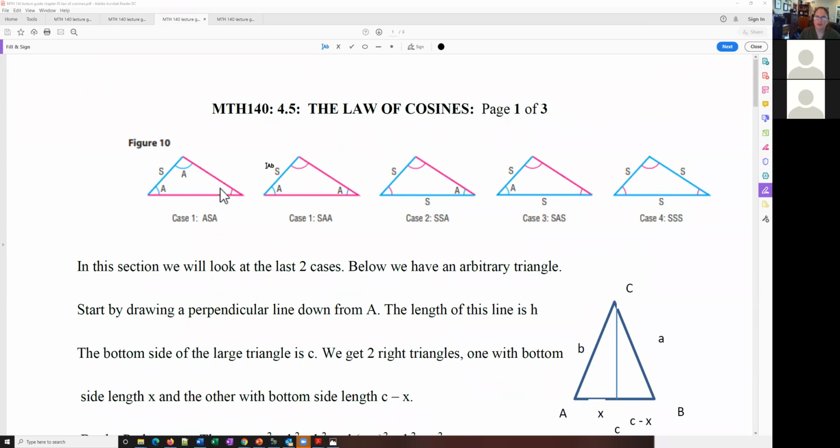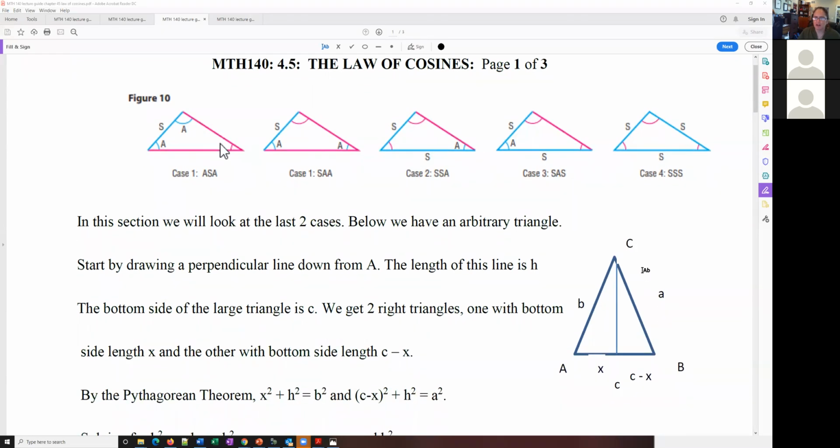Okay, so these are the 4 different cases. And in section 4.4, we looked at the first 2 cases. And now in section 4.5, we're going to look at case 3 and case 4.